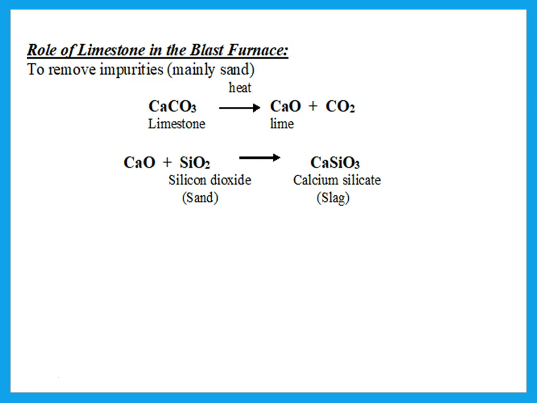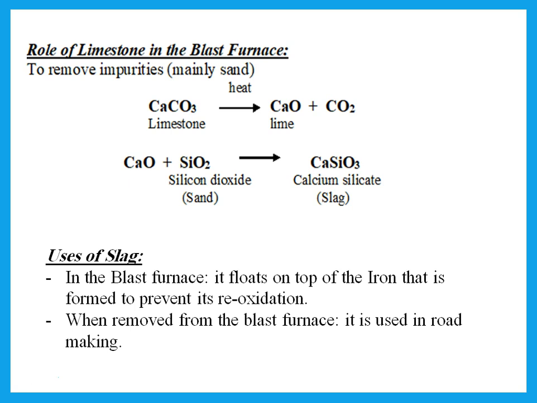It will react with the base calcium oxide to give what we call calcium silicate, and that is referred to as slag. Remember that this will float in the blast furnace on the top of the iron, so it prevents any reoxidation of the iron. And at the same time, when we remove it from the blast furnace, it is used in road making.